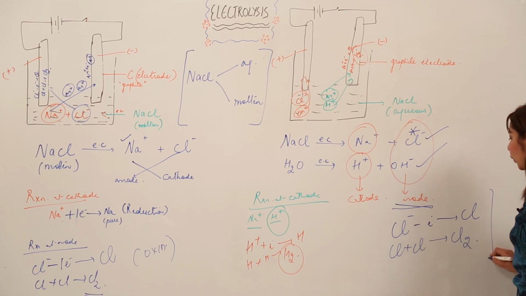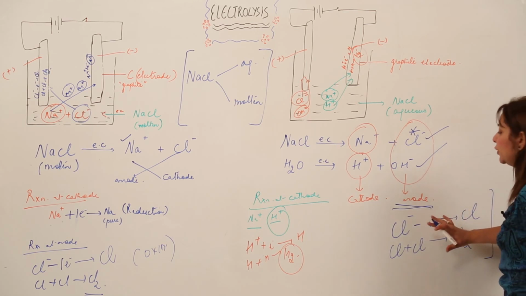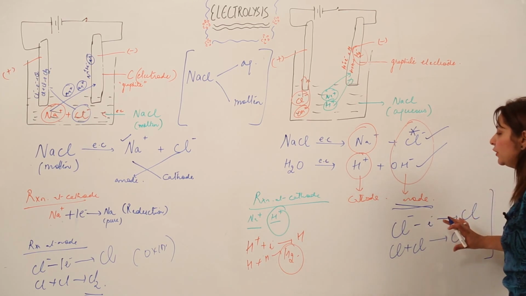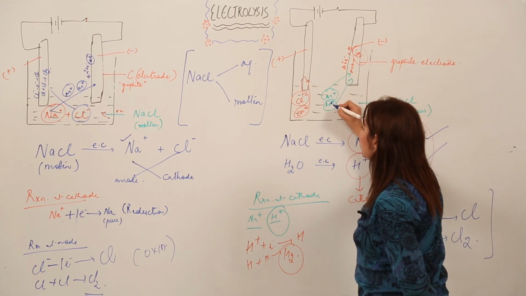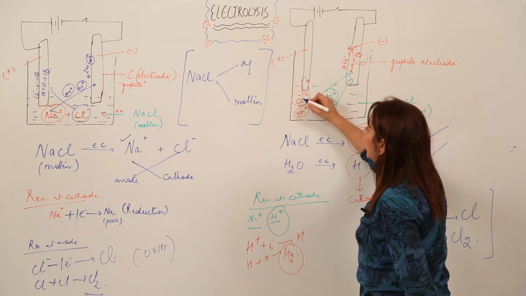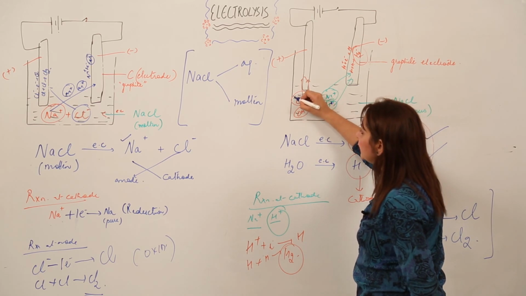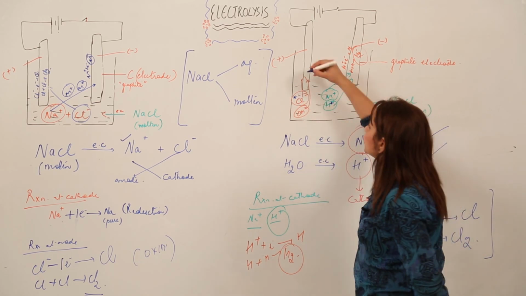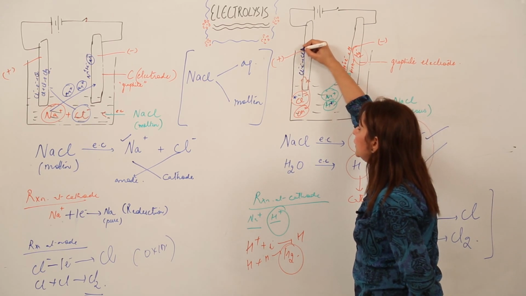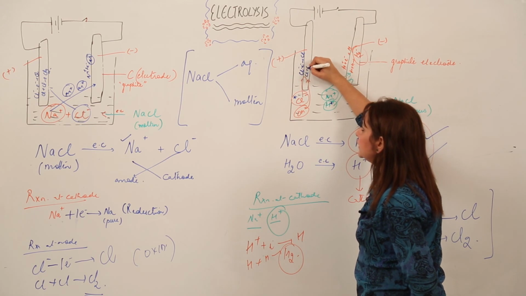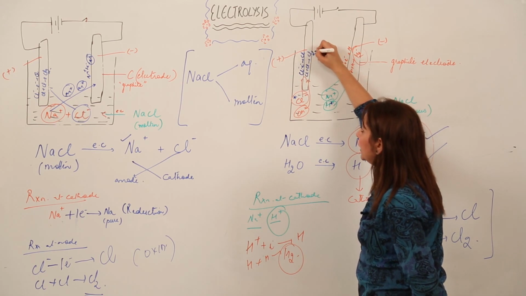This is the oxidation, and I am showing it in the figure as well. So out of them, hydrogen has the lower reduction potential, and out of Cl negative and OH negative, Cl has the lower reduction potential. So this Cl negative will lose an electron, forming Cl, and Cl will unite to form Cl2.